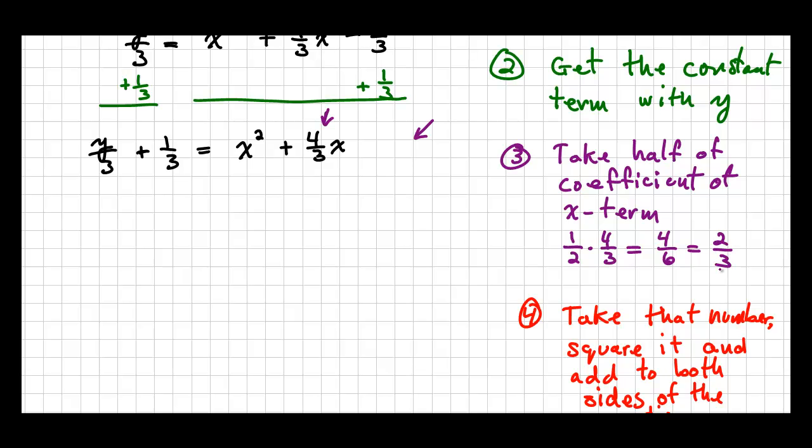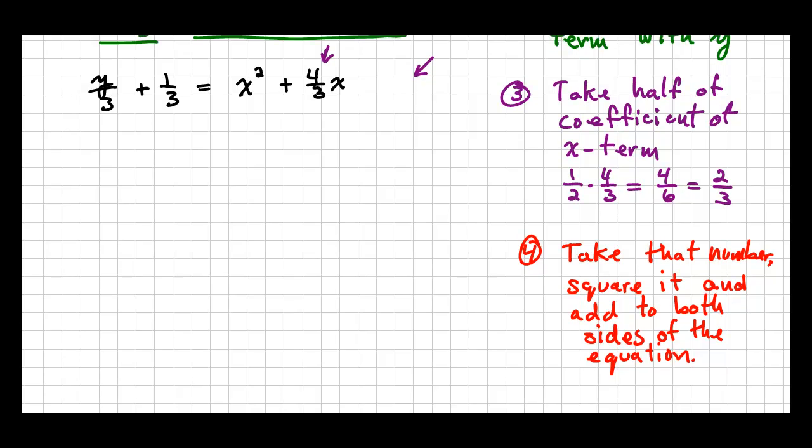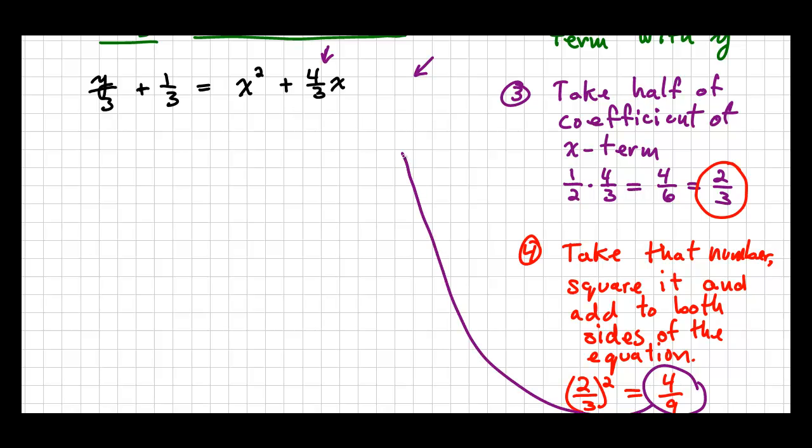So we're going to take half of that number, and then we're going to square it. So 2/3 squared equals 4/9. And this is the value that we're going to add to here.